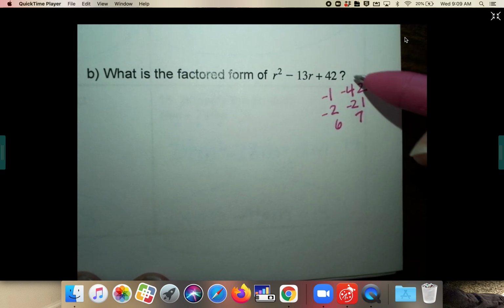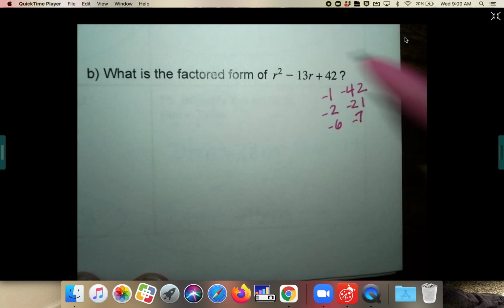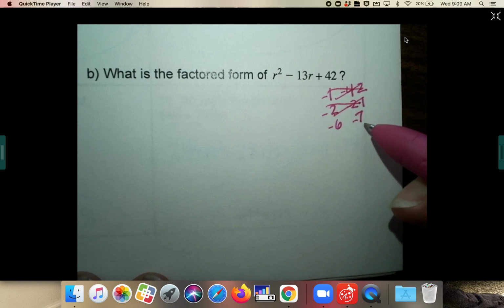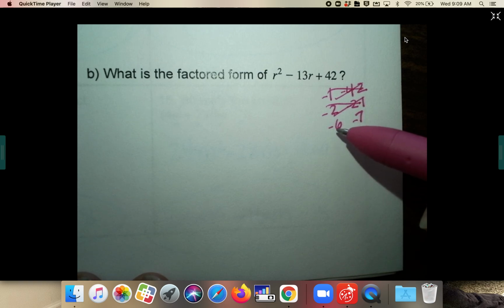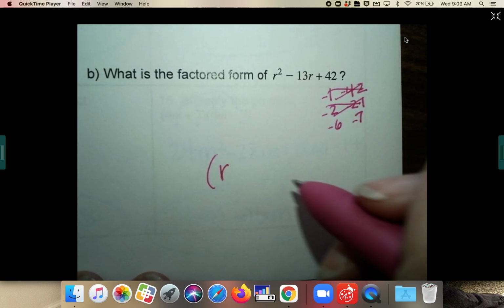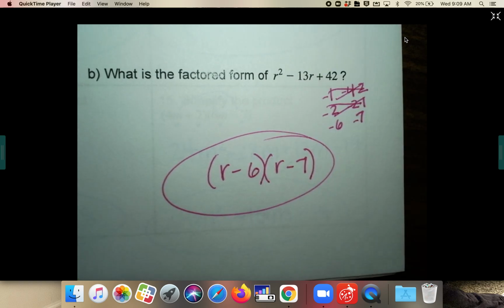Remember, both of these are going to have to be negative, because a negative times a negative is going to be a positive 42, and we want a negative plus a negative to be negative 13. And that is going to be these. Negative 6 plus negative 7 is negative 13, and negative 6 times negative 7 is positive 42. So the answer is r minus 6 times r minus 7.